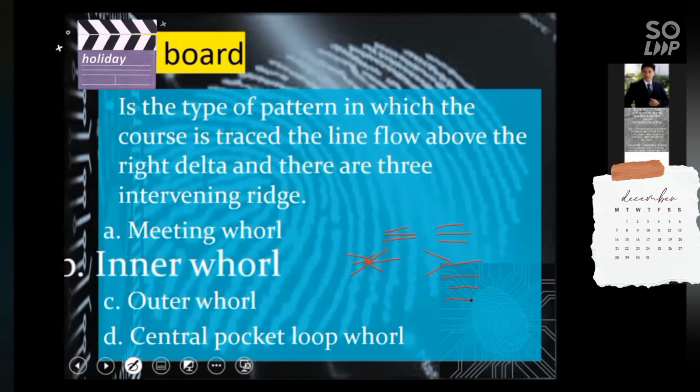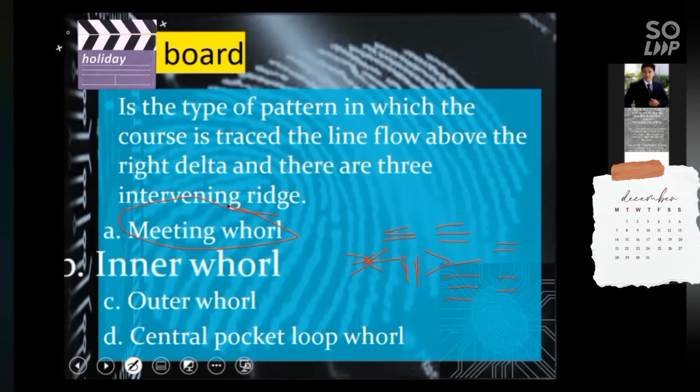If there are only 1 or 2 ridges, both above and below the delta or in front of the delta, the answer is meeting.